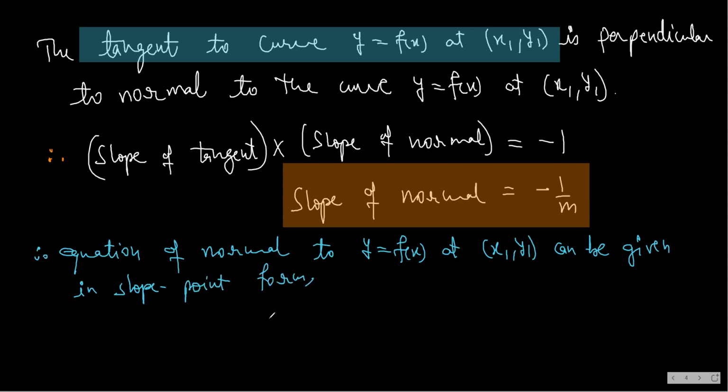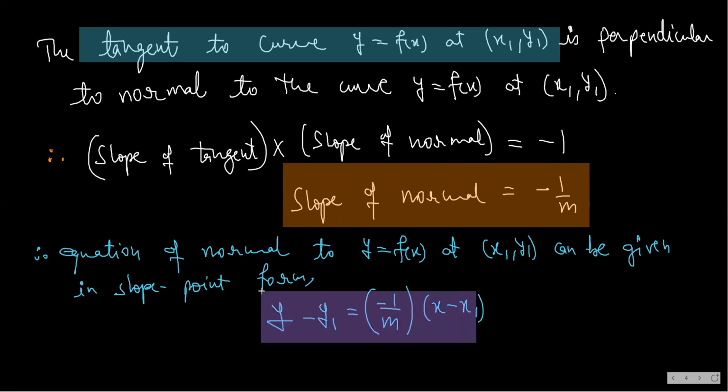And what will it be? y minus y1 equals slope. What is the slope? The slope this time is minus 1 upon m. y minus y1 equals the slope of the normal into x minus x1. And this is the equation of the normal at (x1, y1).